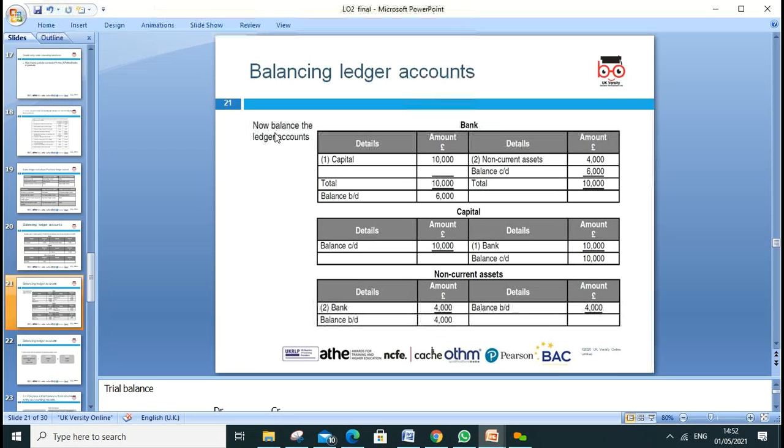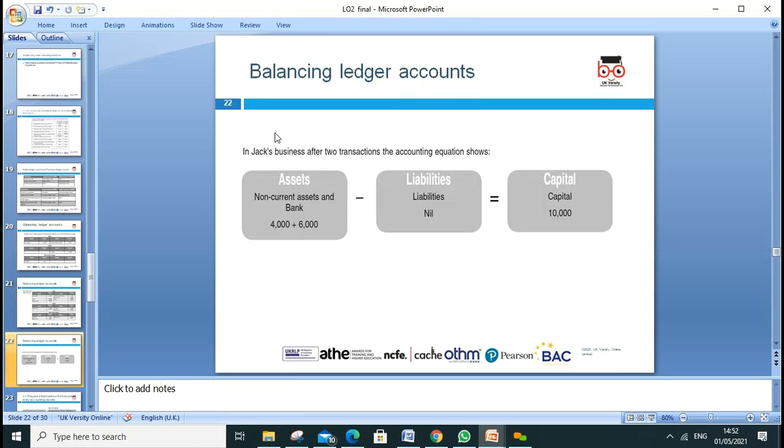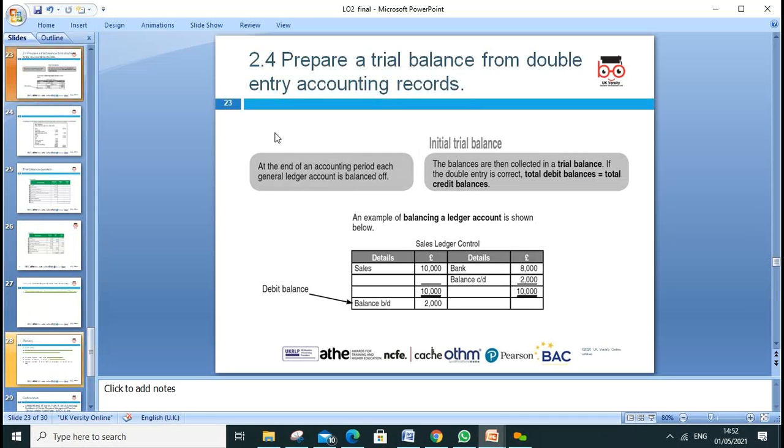Okay. Next, we discussed the accounting equation, like here non-current asset plus bank. We have 10,000. We don't have a liability. It means we have a capital. Okay, then 2.4, we have to prepare the trial balance. From the double entry accounting record we can prepare the trial balance.